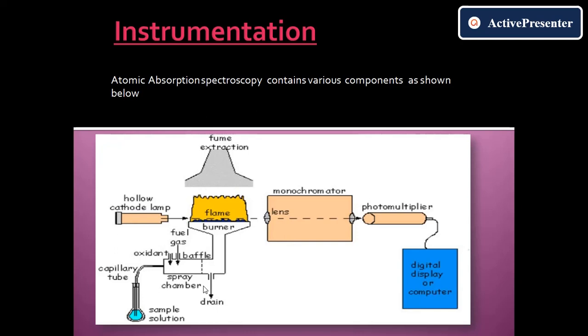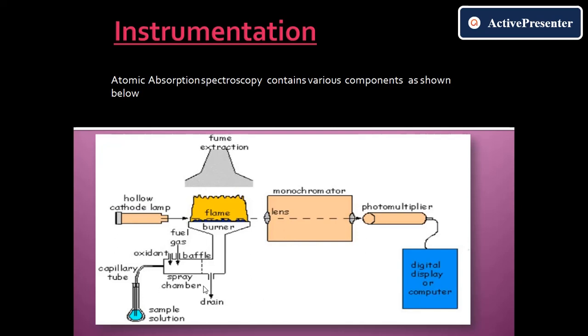The element whose concentration, or density of atoms, we have to determine is aspirated from the capillary tube.